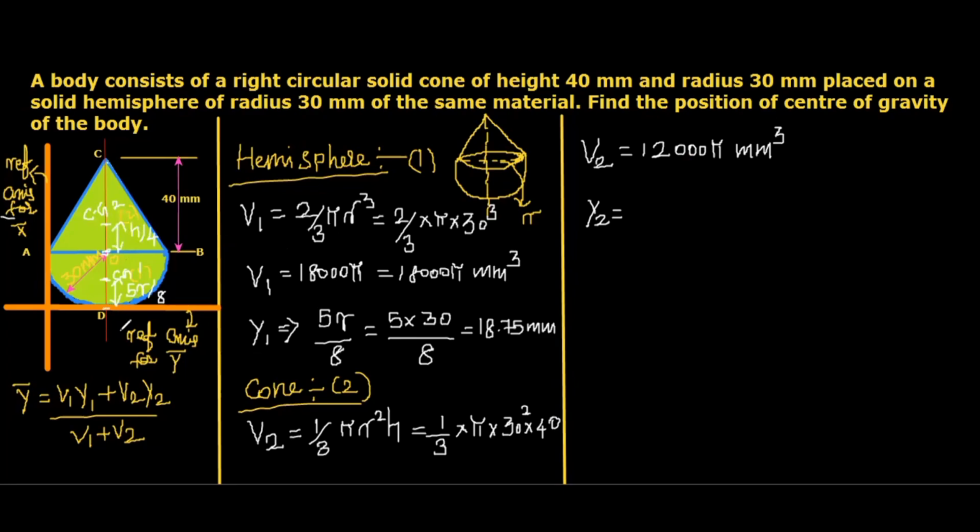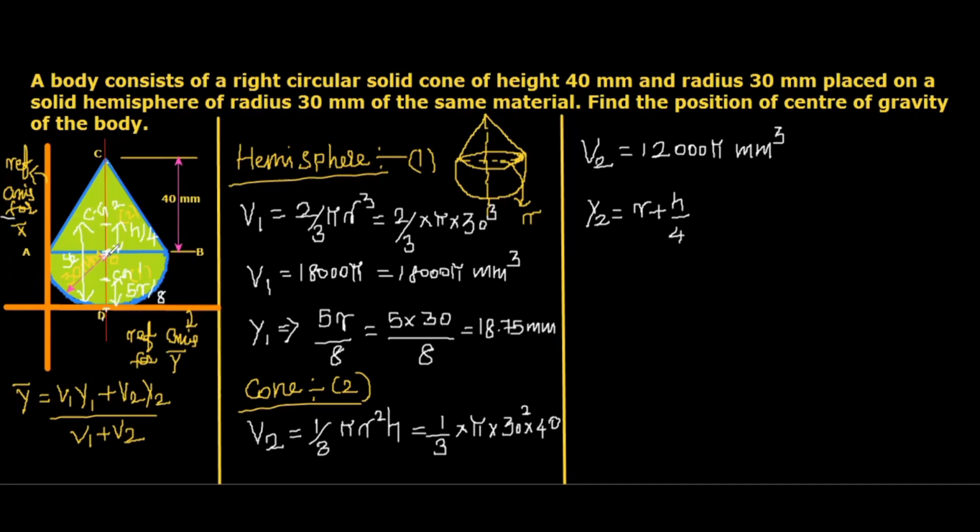But we need the distance from the reference axis for y bar. That means from here. That means we need this total distance. That is Y2. So this distance, OD, we know that is also the radius, plus this distance, h by 4. So that will be the radius of the hemisphere or right circular cone, whatever, plus h by 4. From here to here, that is radius.